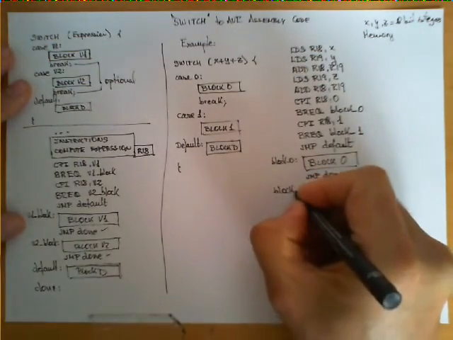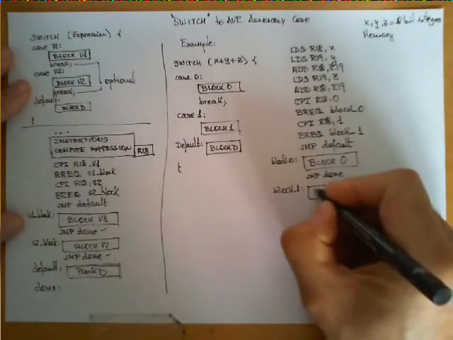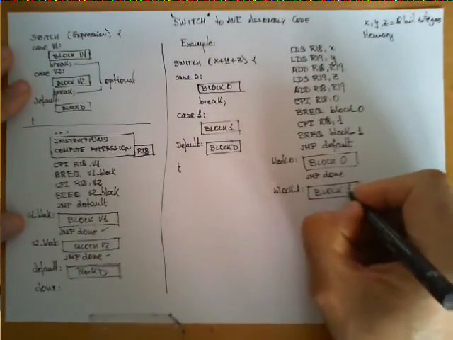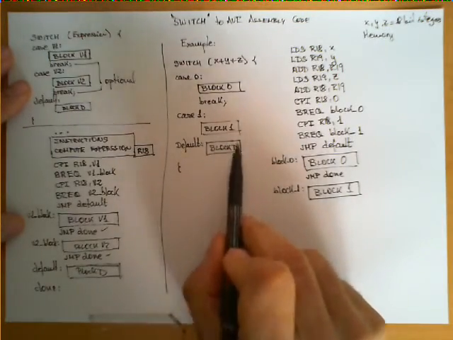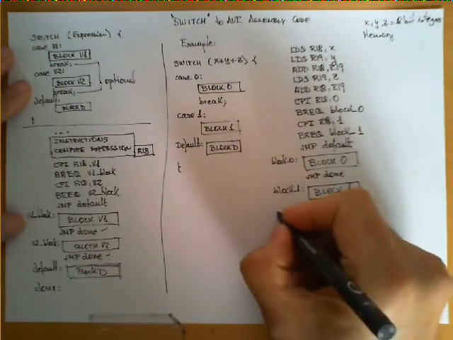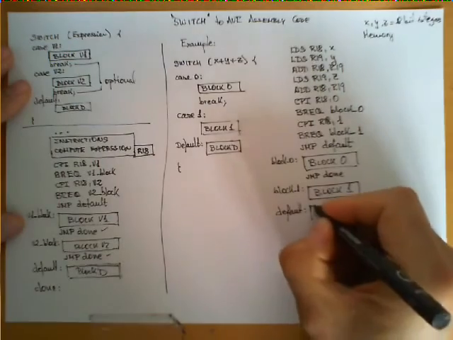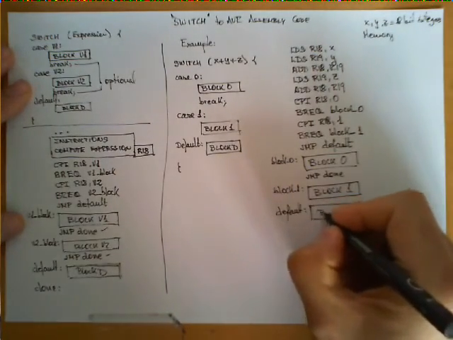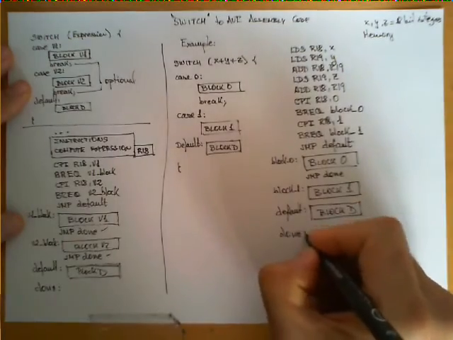So we put block 1, we put the code here for block 1, whatever that is, and now, since we haven't written here the break statement, we are not going to write the jump done instruction. Immediately what we're going to do is place the default block, block D, and then the label done.